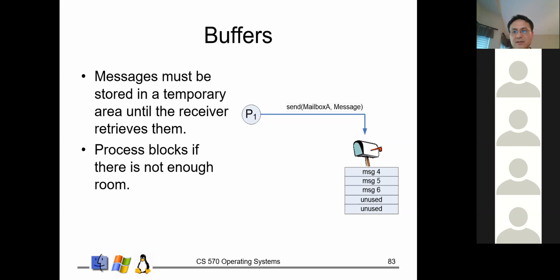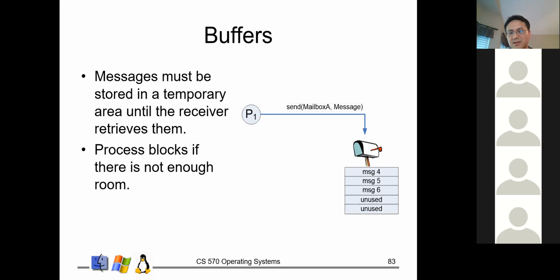So if the sender sends messages faster than the receiver can receive, the messages that were sent but haven't been received by the receiver would be put into a buffer, but that's handled by the operating system. The sender just needs to call send.